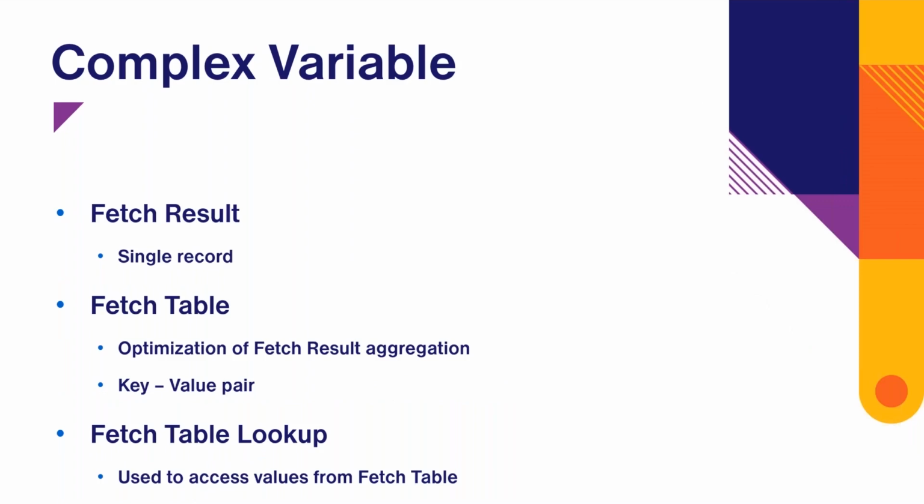Then there are some complex variables. You can define fetch result. So basically, a fetch that will load a single record based on your parameters, based on your filters.